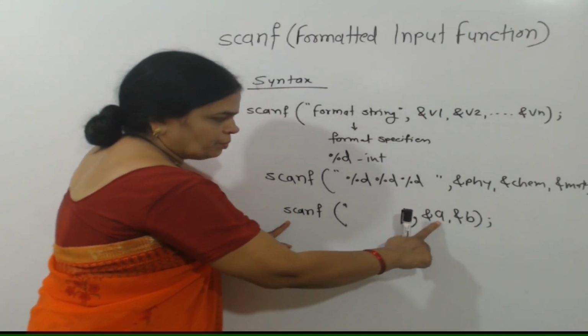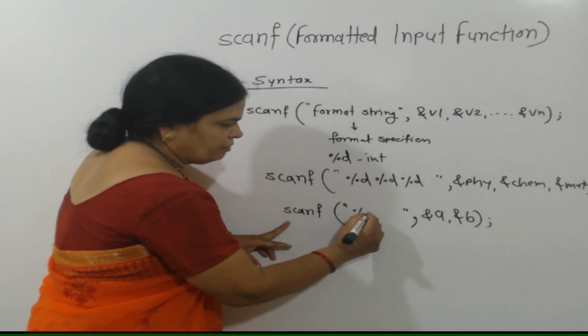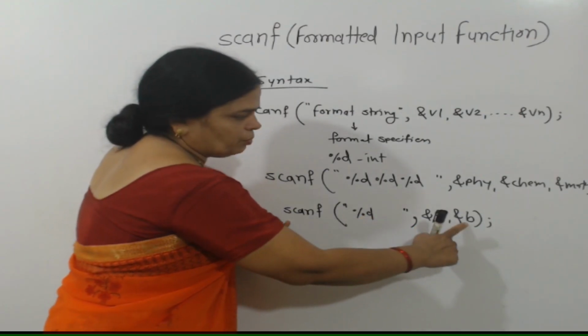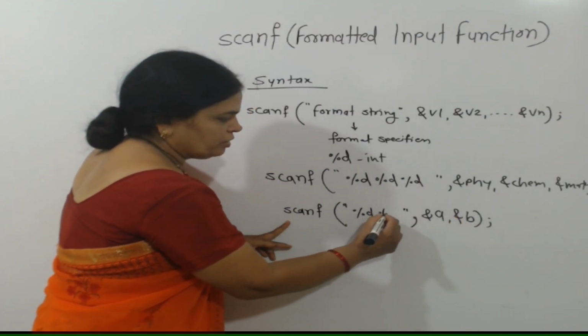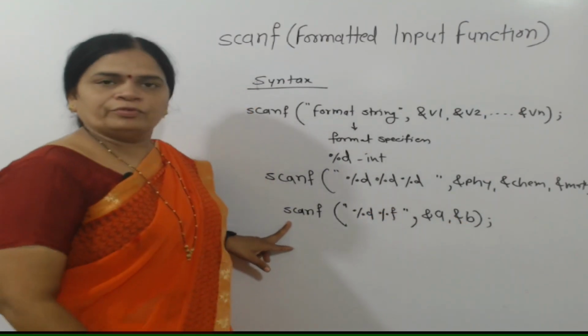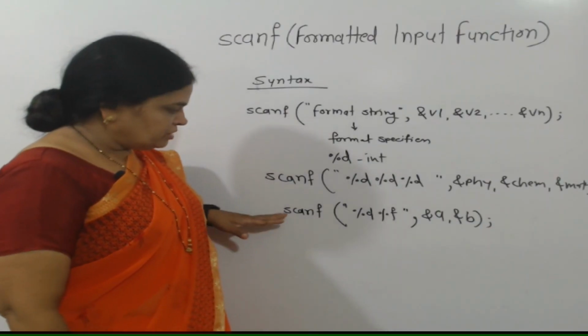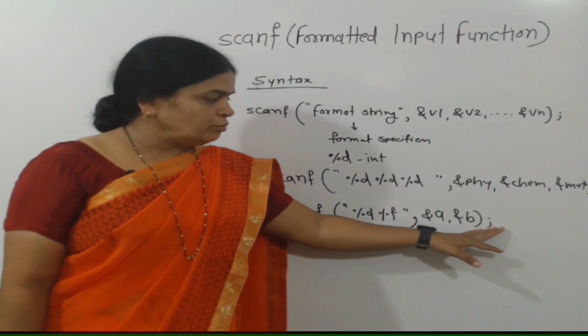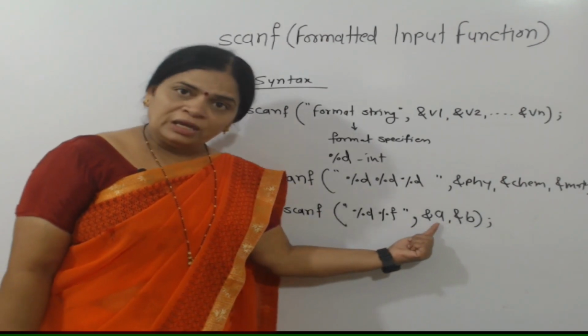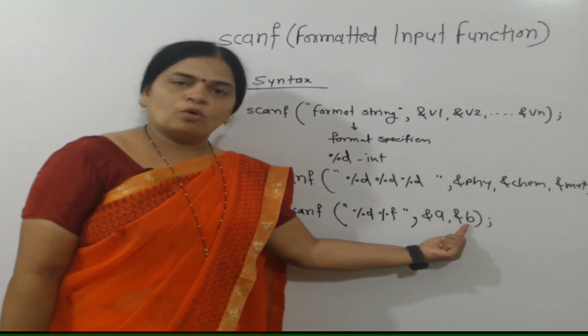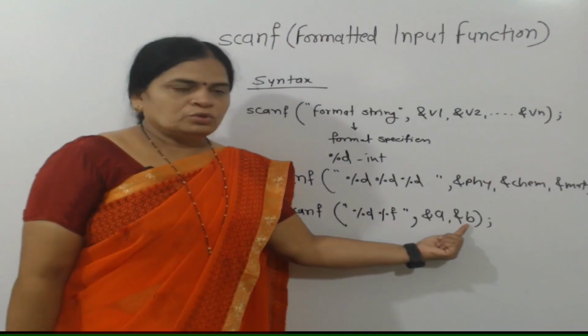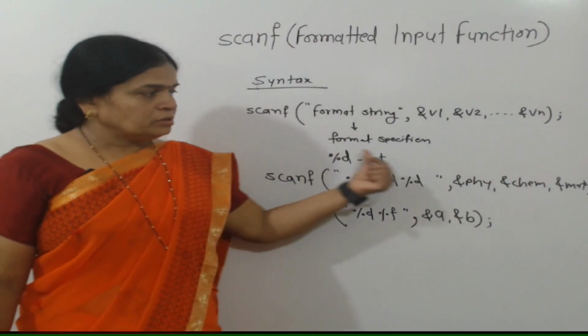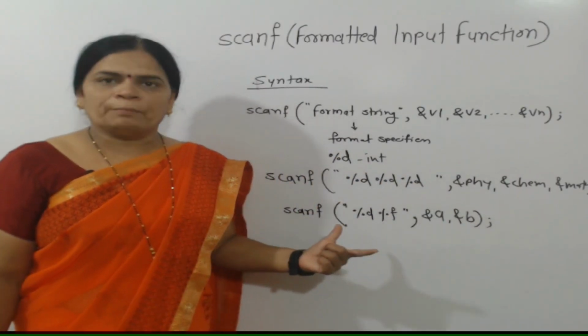Here suppose a is of integer type, then I will write %d, and suppose this b is of type float, then I will write %f. So this means this scanf function will input the integer value of a and the float value of b. So this is how the scanf function is written in the program.